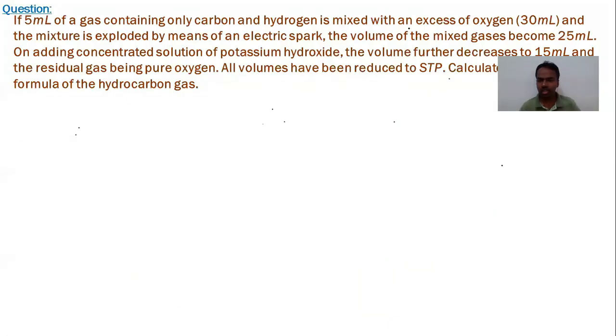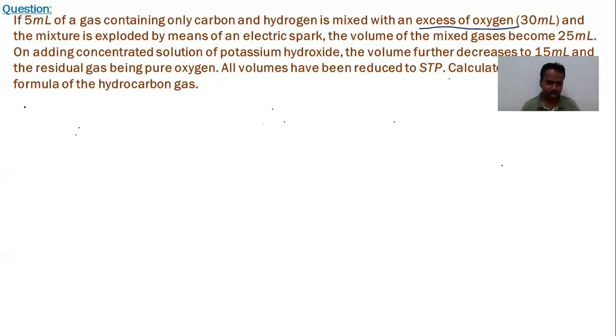It is mixed with an excess of oxygen. This is very important. And the mixture is exploded by means of an electric spark. The volume of the mixed gases becomes 25 ml. From these two lines, I get the information that there is a combustion of hydrocarbon.